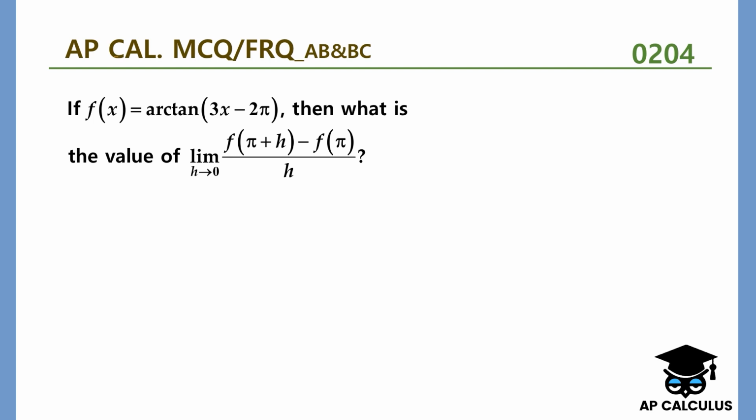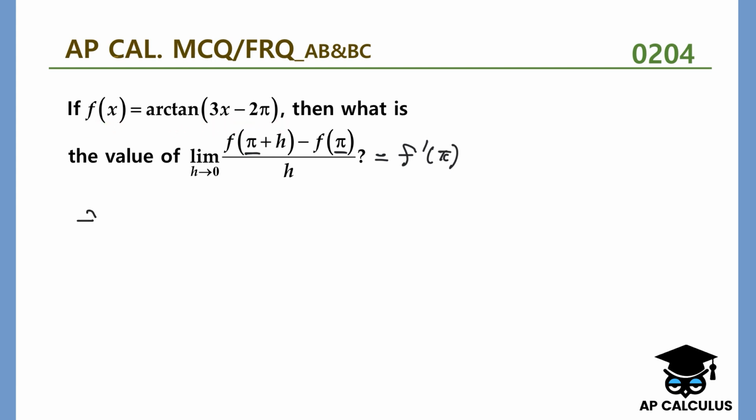So that's actually f prime of a, but that a is pi. So f prime pi. The question is to find f prime pi, and the derivative of f is given right here.